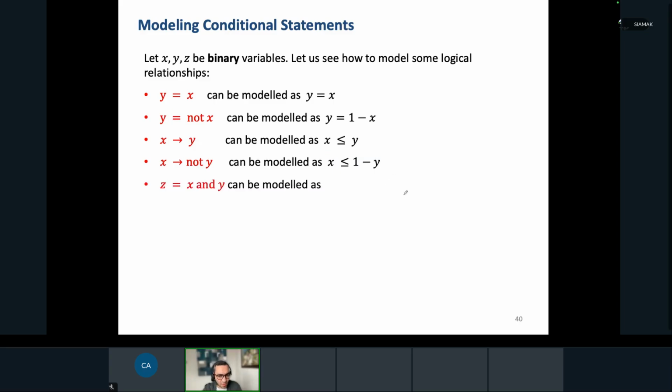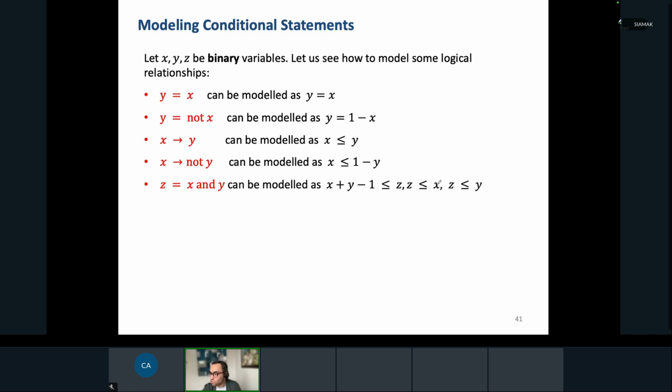Some of them we talked about last week. Z is equal to x and y. So when z is equal to 1, y and x should also be equal to 1. This is what essentially we did in the previous slide. So when z is equal to 1, x is forced to become equal to 1.